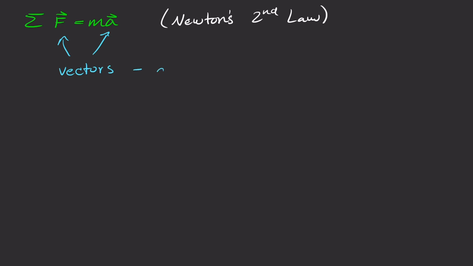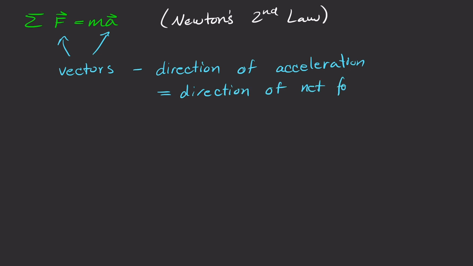And so this means that the direction of acceleration is equal to the direction of the net force. Okay? Because the acceleration on the right side has to get its direction from something on the left side, and the only vectors are the force and the acceleration. So their directions have to be equal.